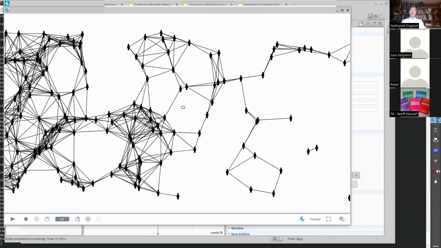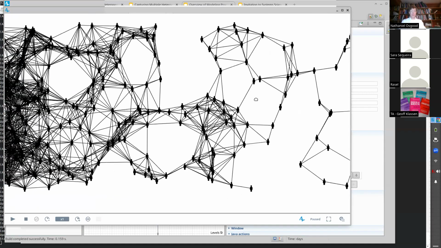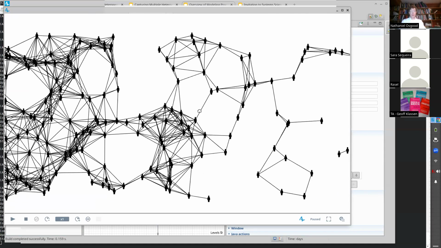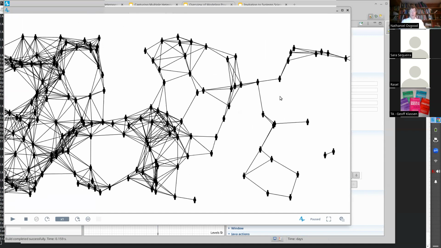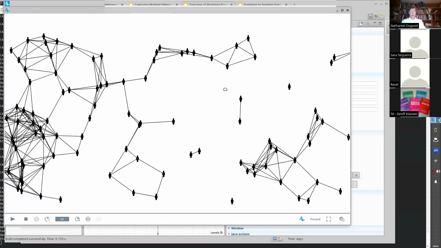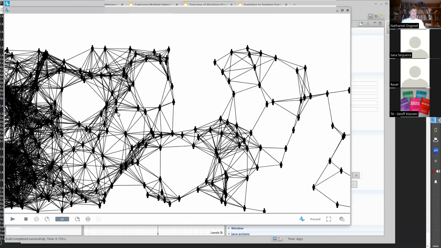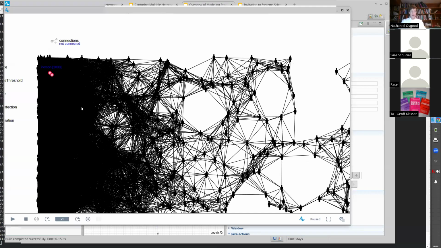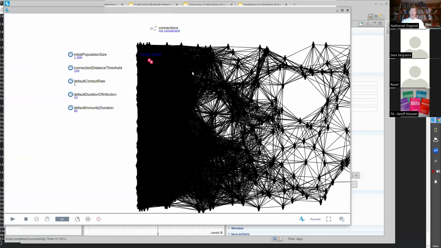The degree centrality, to use the terminology of social network analysis, the number of neighbors that a person has in the network out here to the right is quite different than in this area among these folks. Who are these folks? Can anyone remind us? We said it earlier. Sarah said it earlier. Who are these folks?